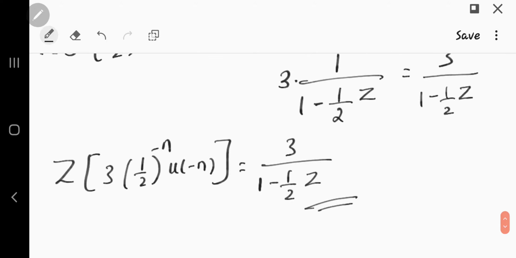While applying the property, you have to observe the input signal, and to apply the property you need to make some small modifications to the input signal x of n, especially while you are using properties to get the z transform. Here we have to use the property, it is clearly mentioned. We can't use the basic definition of x of z and keep on going by taking the limit and all.